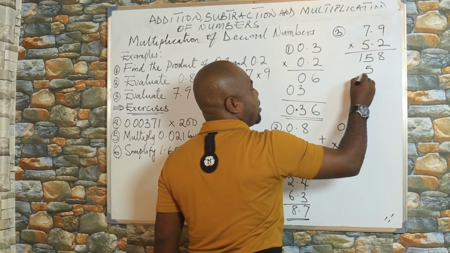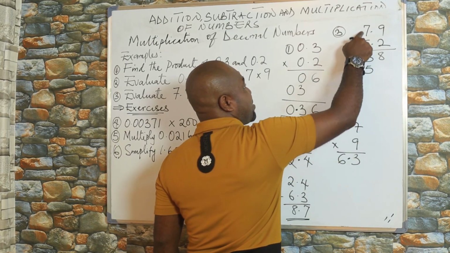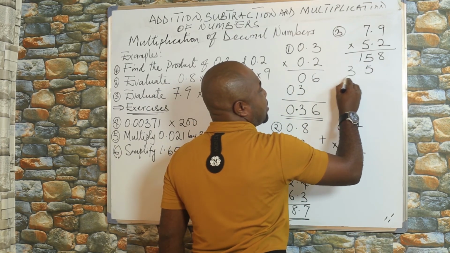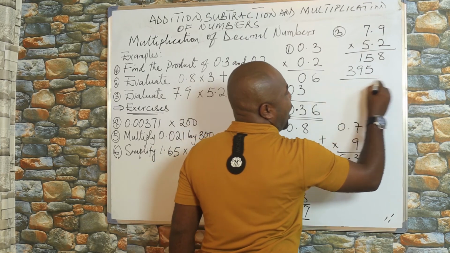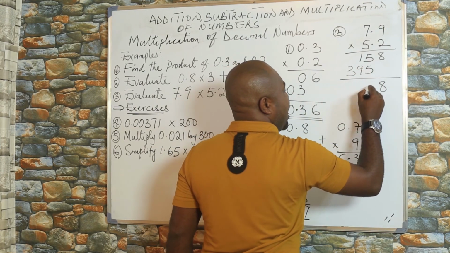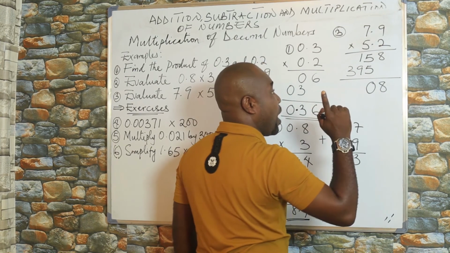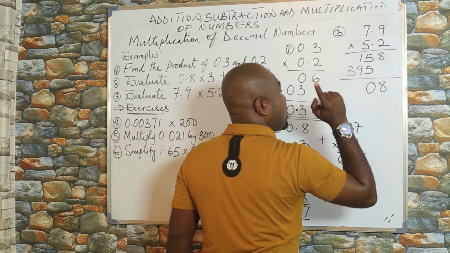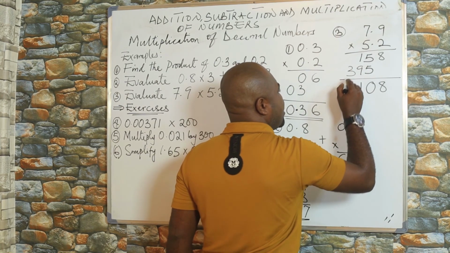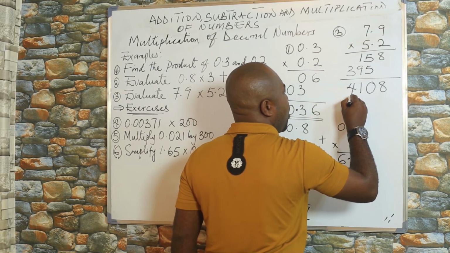Write 5, carry 4. 5 times 7 is 35 plus 4, 39. We add up. This is 8. 5 plus 5 is 10. Write 0, carry 1. 9 plus 1 is 10 plus that 1, 11. Write 1, carry 1. Add it to 3, it will give us 4.